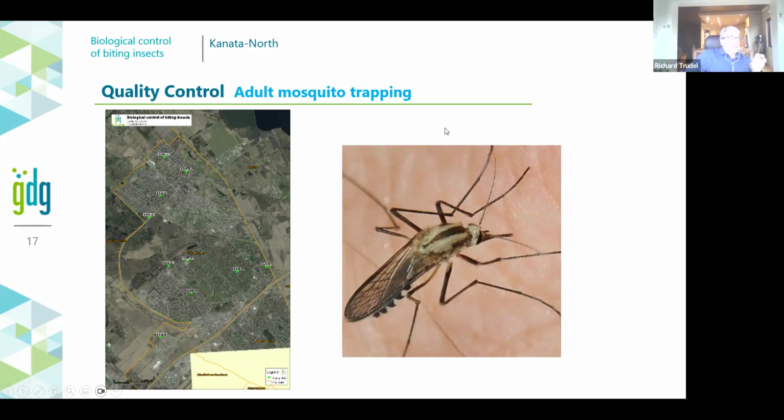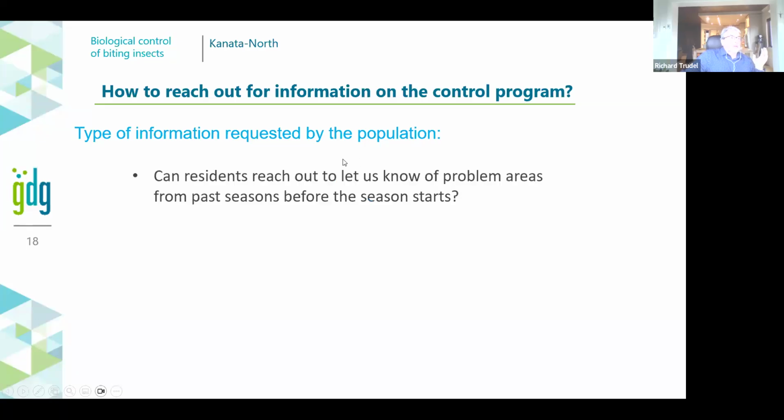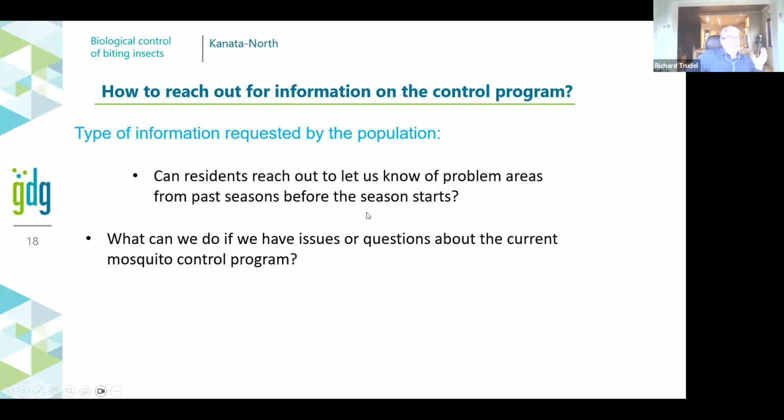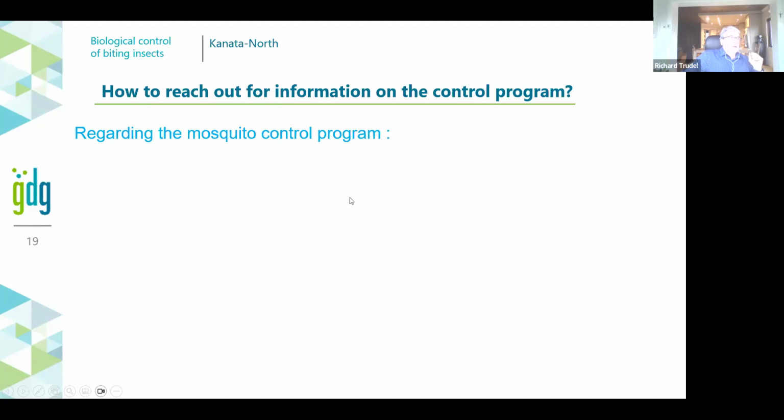But for the citizens of Kanata, it's possible for you to reach out for information, and there are different types of information. If there is a problem in a certain area at the beginning of the season, or if you have issues or questions during the mosquito control program, or a question about the West Nile virus, I will explain how to contact the right person to have the right information.